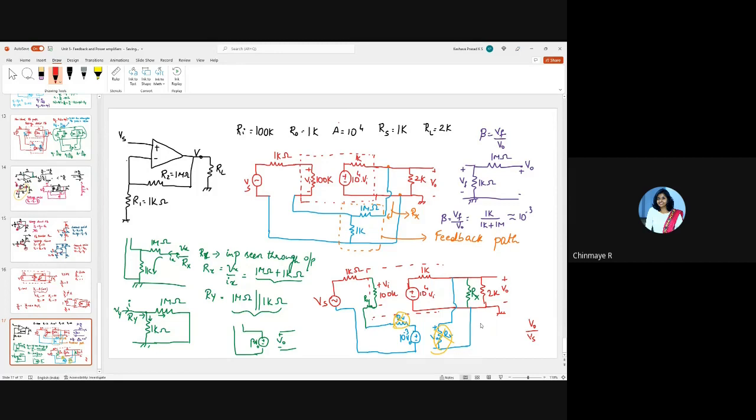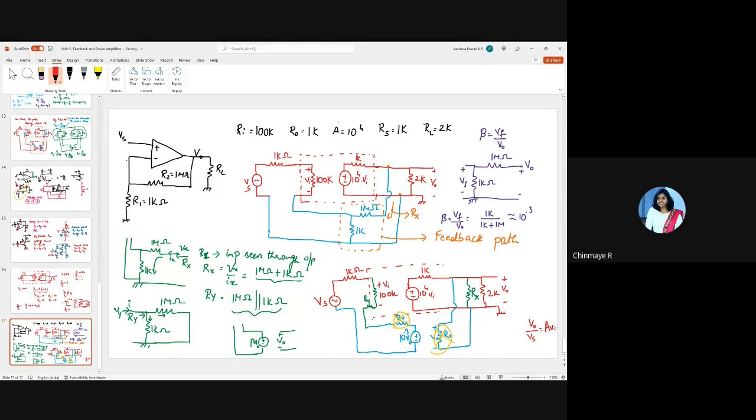Now let's only concentrate on the open loop amplifier. We'll calculate the gain of the open loop amplifier, which is V naught by Vs. Let's call that AV. Once you know AV, you already know beta. You apply the formula A by 1 plus A beta, and you'll get the gain of the closed loop amplifier.